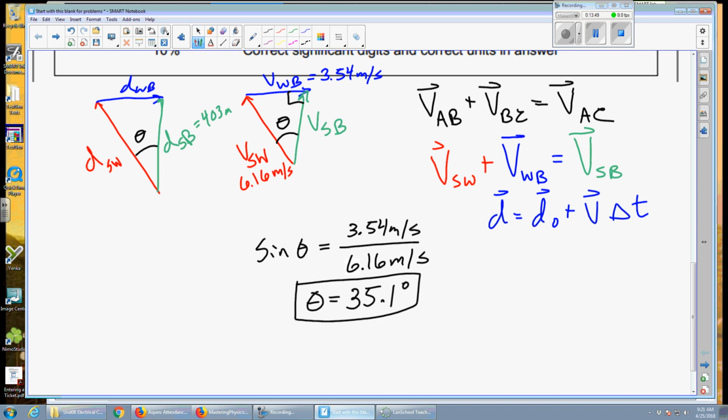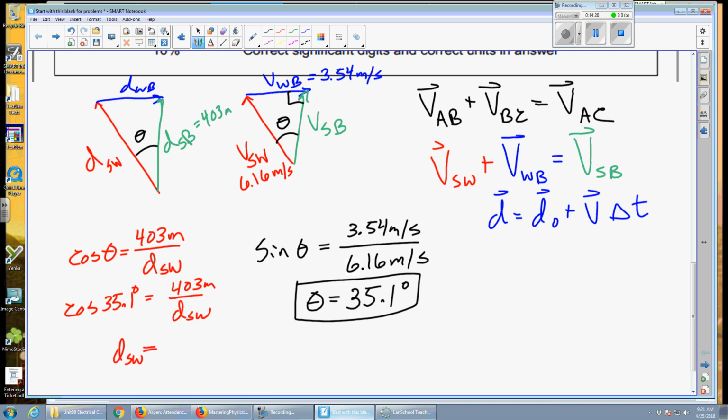So I'm going to use that cosine of theta would equal adjacent, 403 meters, over DSW. So cosine of 35.1 degrees equals 403 meters over DSW. So DSW equals.